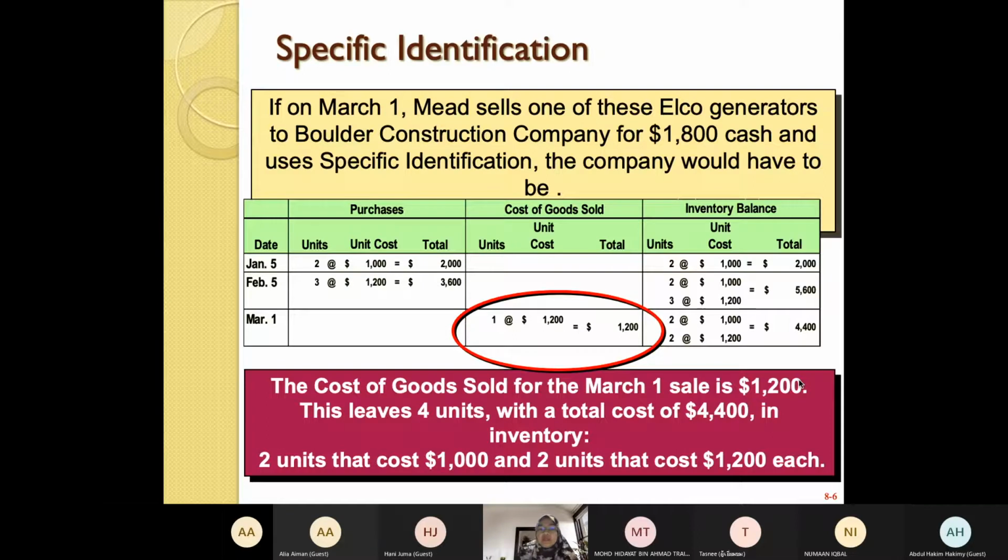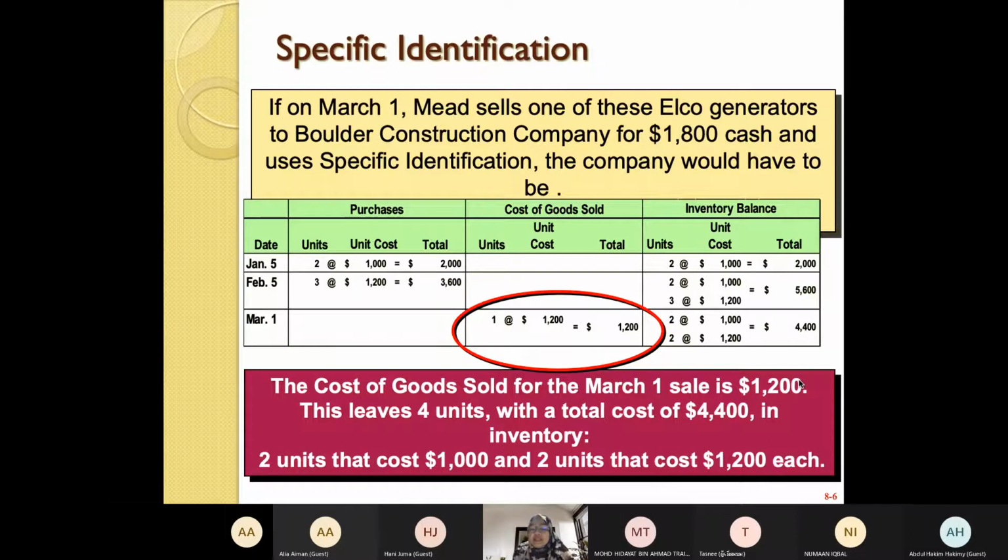For example, the first one you purchase on January 5th, and on February 5th you have 5 generators. So the balance as of February 5th is 2 units at 1,000 and 3 units at 1,200.